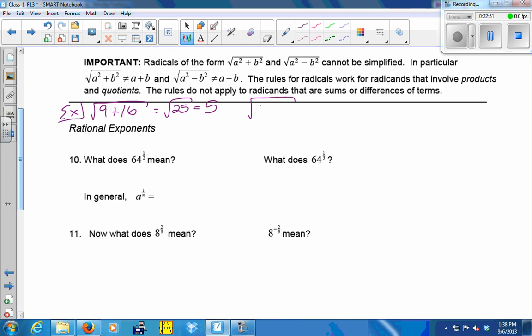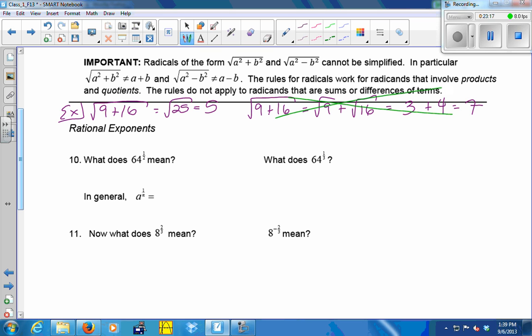If I tried to write it as the square root of 9 plus the square root of 16, that would be 3 plus 4, right? Which is 7, not 5. So this way is wrong. Can't do that.